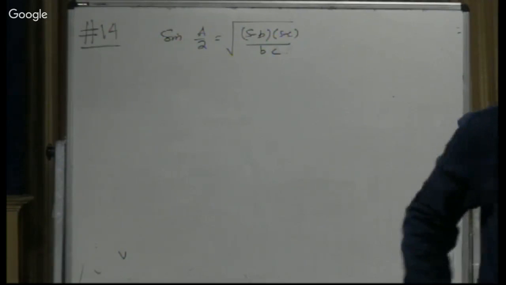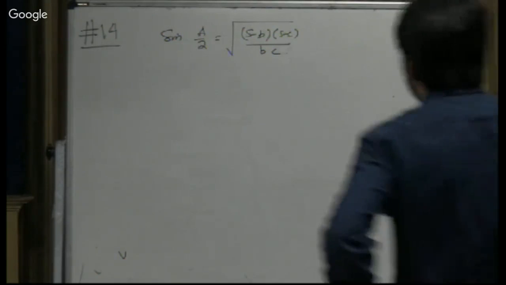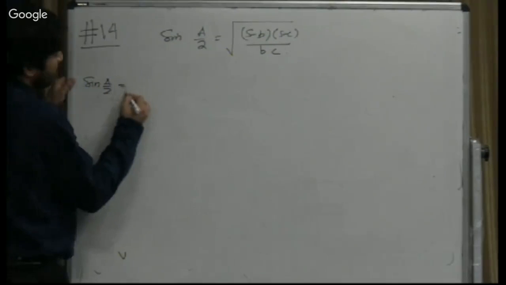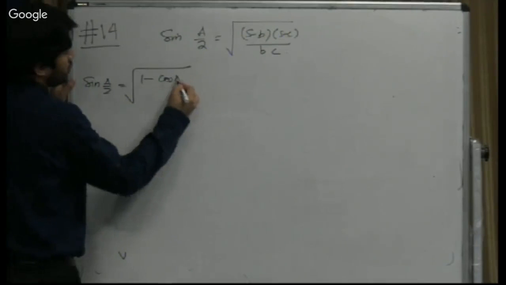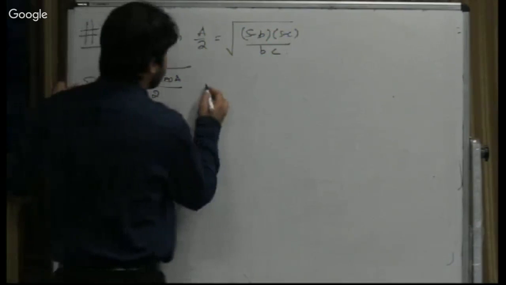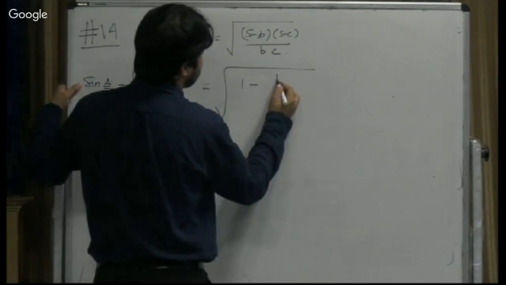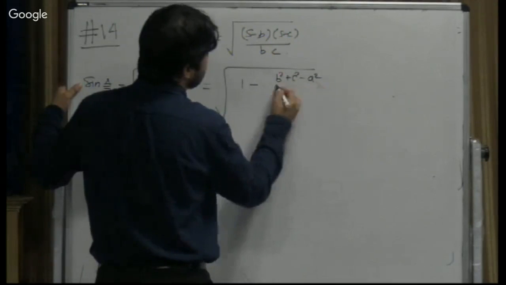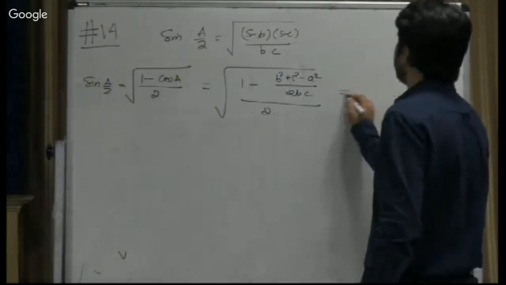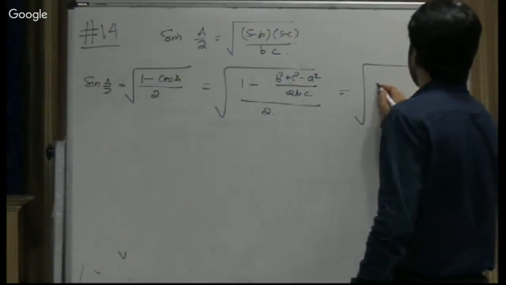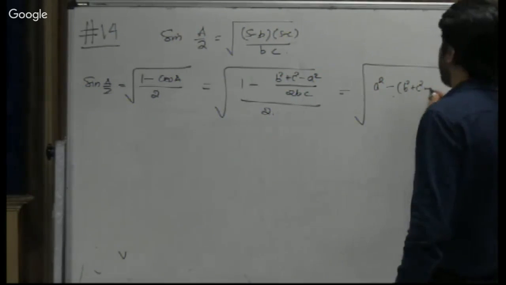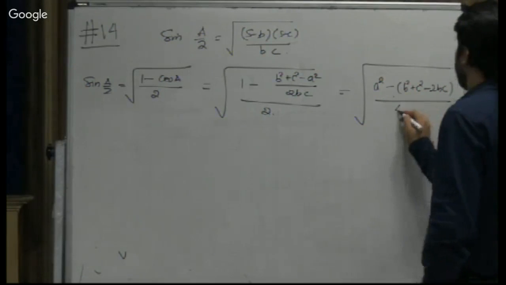Again we use the 1 minus cos concept. Okay, so sine a by 2 can be written as... right, and cos a can be easily written as... which eventually can be written as a square minus b square plus c square minus 2bc upon 4bc.